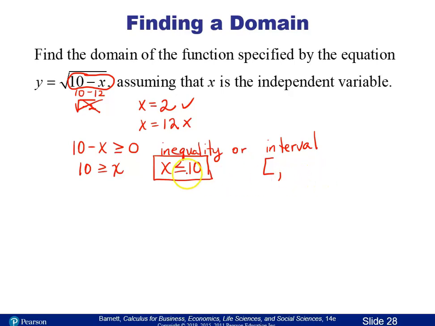If we're saying less than or equal to 10, that means I'm going to start at negative infinity and I'm going to go to 10, and the 10's included, so I'll put a bracket on that. But negative infinity, I can't ever actually get to negative infinity, so I'm going to put a parenthesis there. So if I actually can get to the number, I put a bracket, and if I can't quite get there, I'll put the parenthesis.